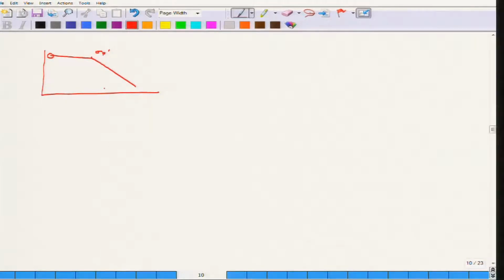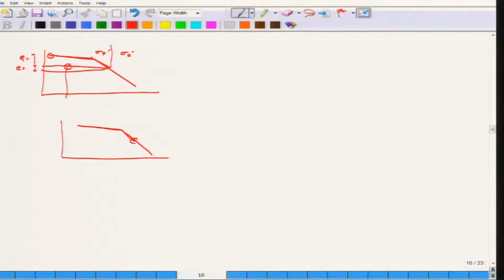If in case of pre-consolidation pressure you move along this line and then come back at this point sigma naught dash, then the void ratio in this case is less compared to the case where you just move along this line and reach a point that is greater than the pre-consolidation pressure. E1 is less than E2.